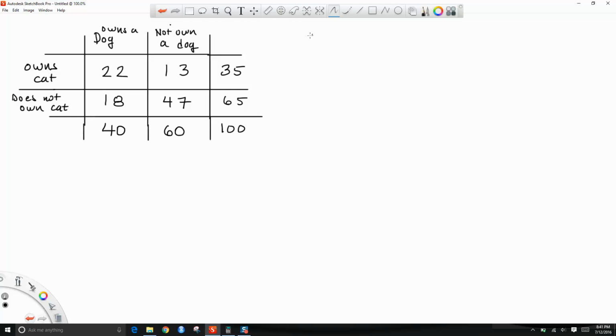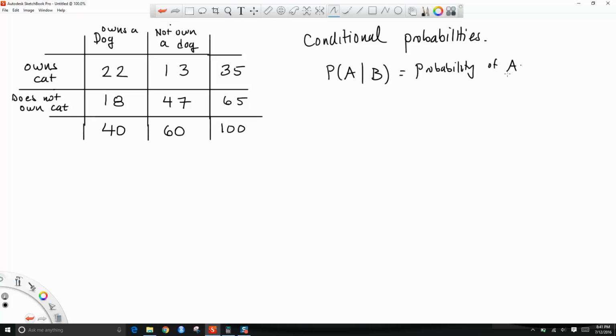Given probabilities. So we have something called conditional probabilities. And we would read something like probability of A vertical bar B. This is read as probability of A given B, okay?